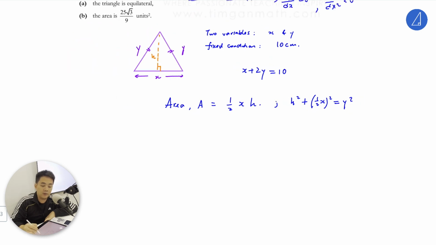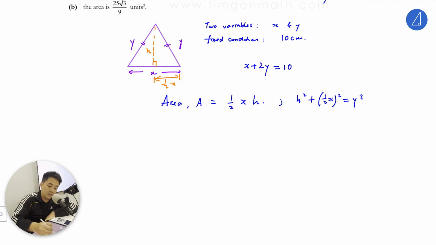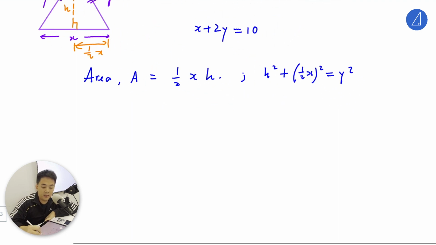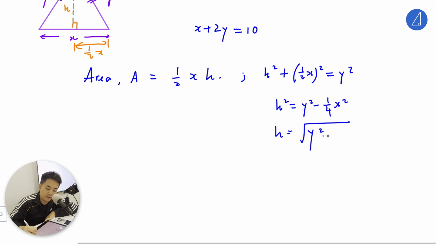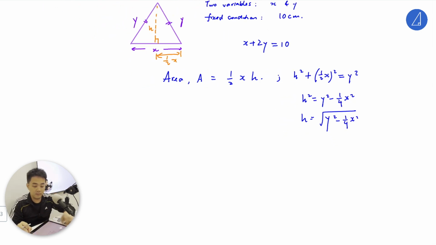That's why you relate both of them together. So h squared equals y squared minus 1/4 x squared. Height will be the positive one. You don't take the negative.